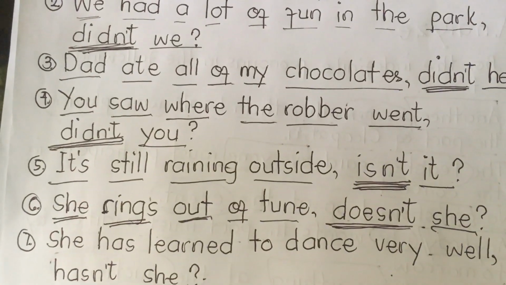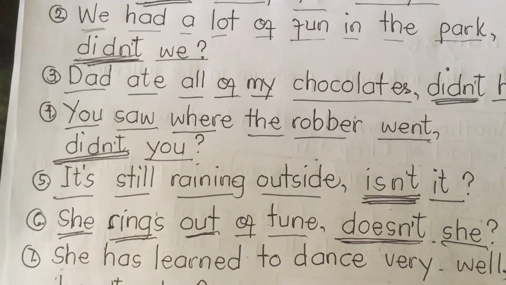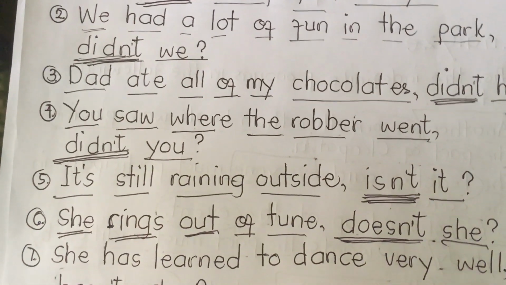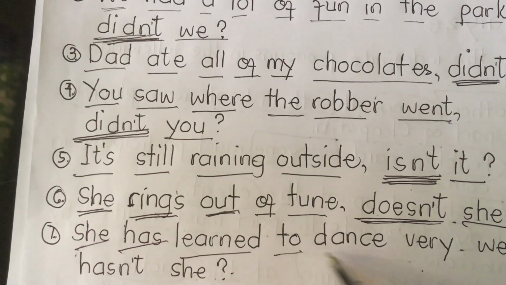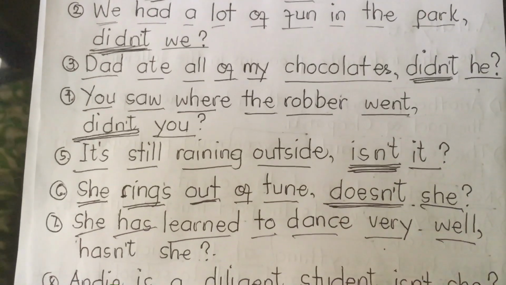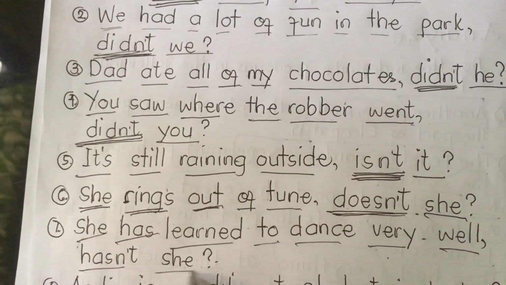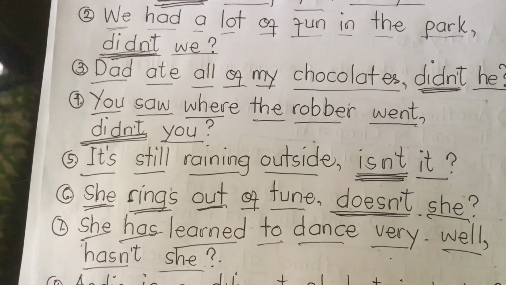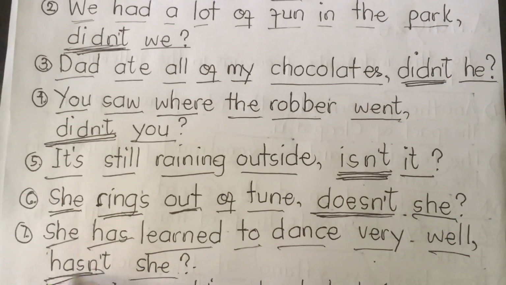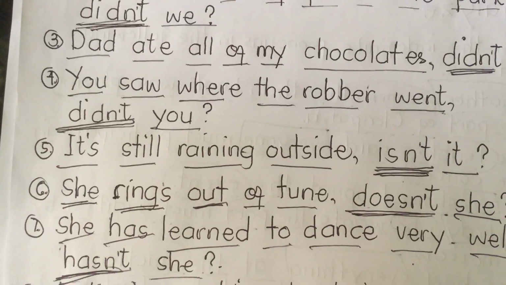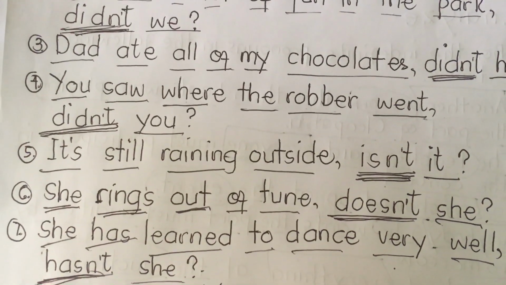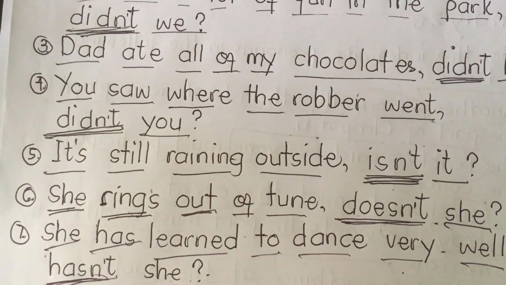We're just asking if she sings out of tune. Next is: she has learned to dance very well, hasn't she? The word hasn't, or has not, is our tag question. We're asking if she has learned to dance well or if she performs it well.